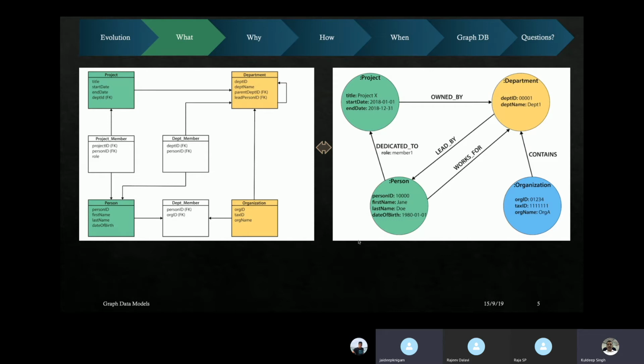Yes, the relationship is also there. Currently these tables, let's say project member, department member, are not actually entities. These are intrinsic relationships which we create to relate the two.